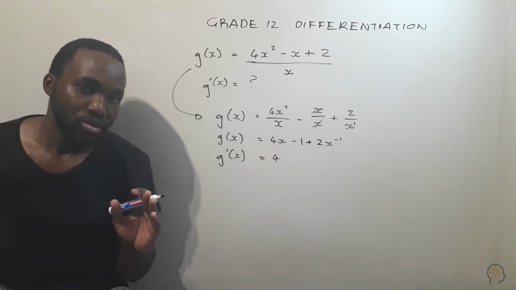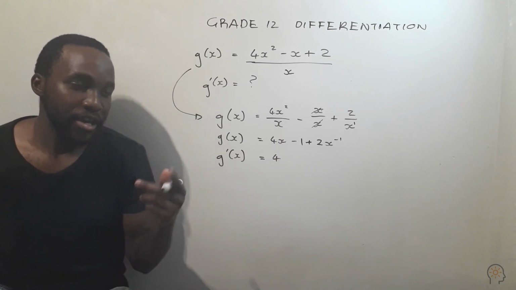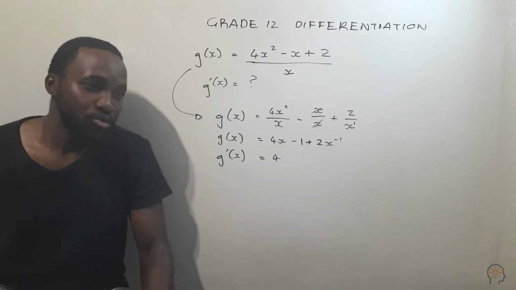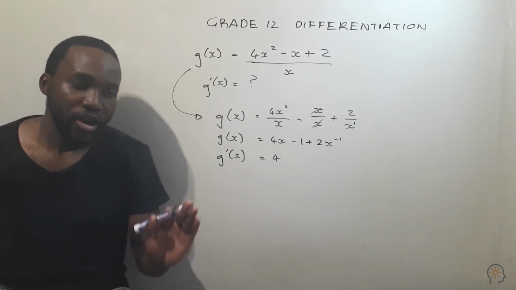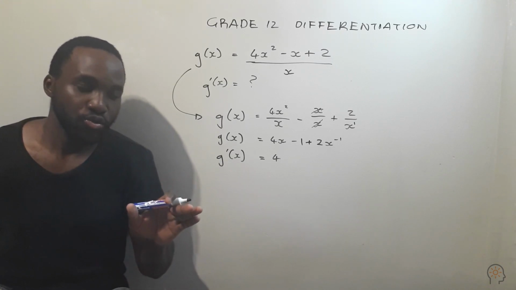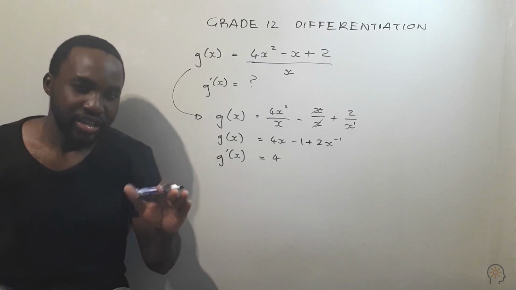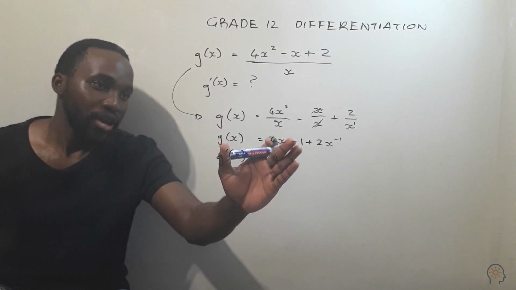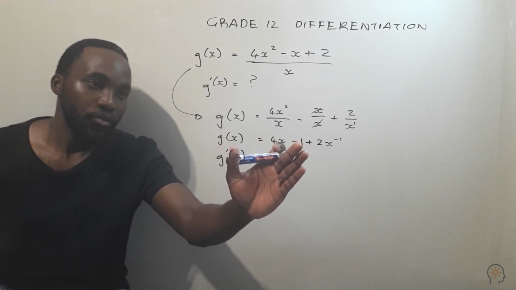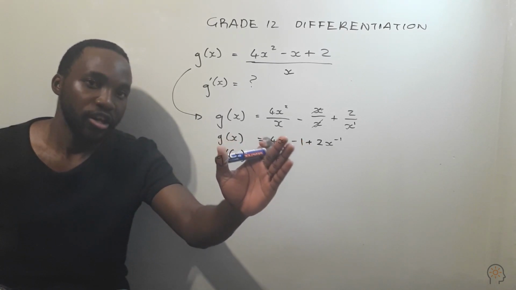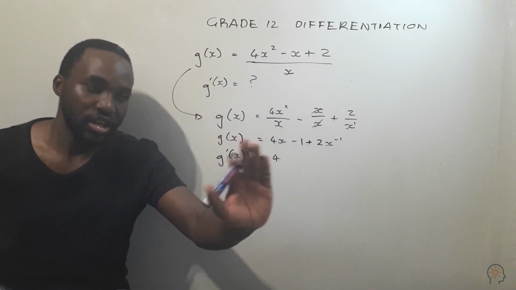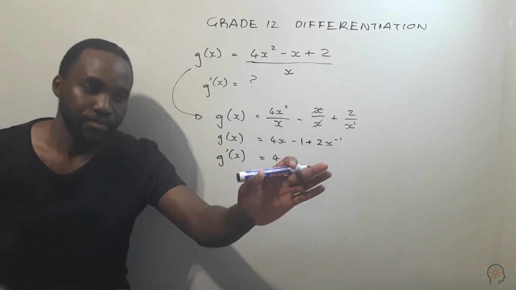So these tiny laws, they will become very simple, or you will get used to them very quickly. So don't worry about how this is still new and it's still a bit shaky, right? That's normal. So here we have a constant, and we said anytime you differentiate a constant, it just falls away. It becomes a 0. It just goes away, right?